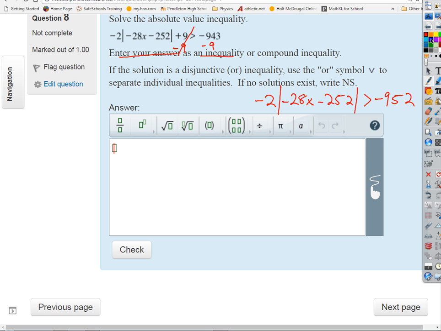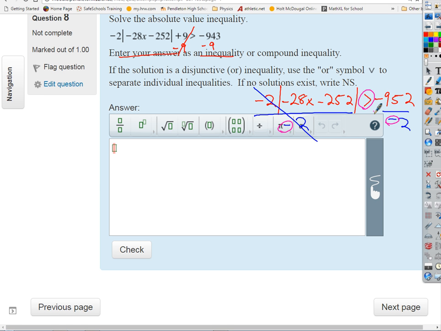Okay, next step would be to divide each side through by negative 2 to get the absolute value by itself. But remember, whenever we divide an inequality by a negative, or if we multiply an inequality by a negative, it means we have to flip the direction of the inequality sign.